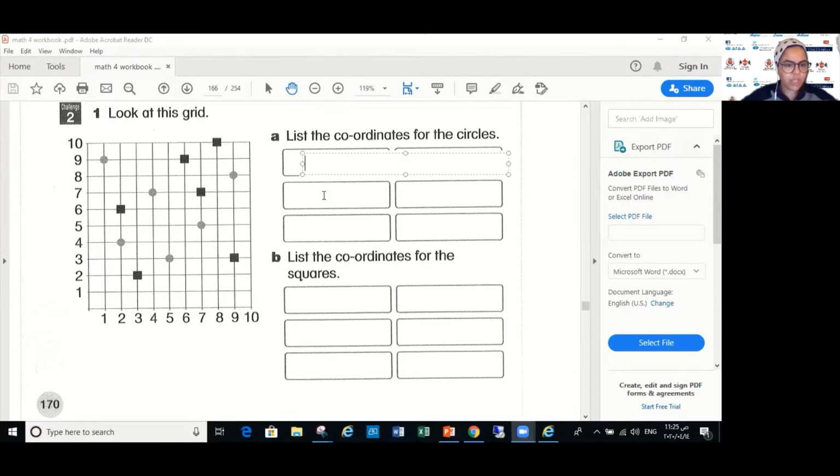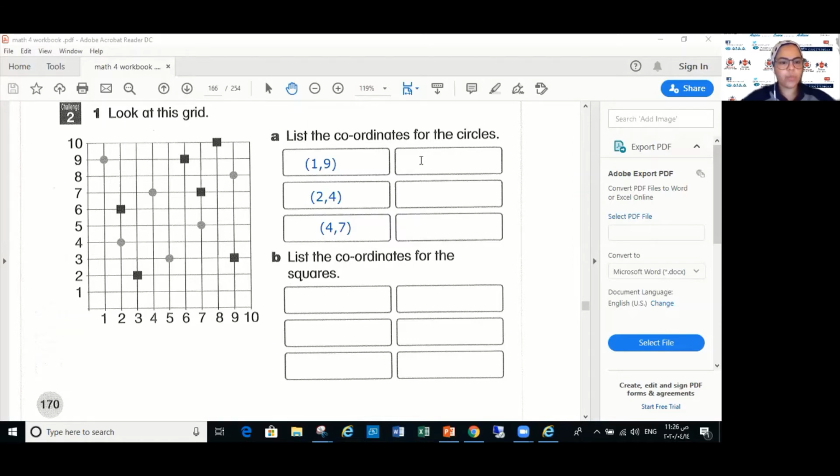For example, the circles here, we have 1 and 9. Check your answer. 1 and 9, okay. The second one that we have is 2 and 4. The third one that we have is 4 and 7. Yes, it is 4 and 7.